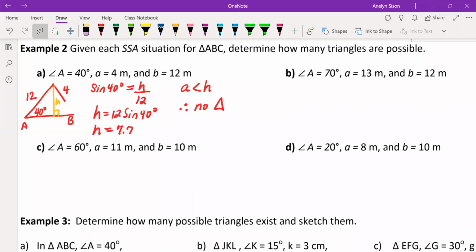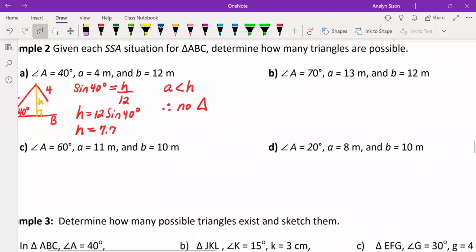This time we're going to draw again. We have 70 degrees, and then we have opposite side of 13, and then the B is 12. We need to find the height first because it's an SSA.